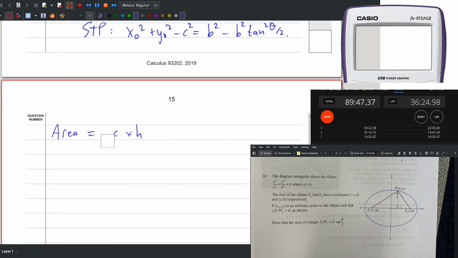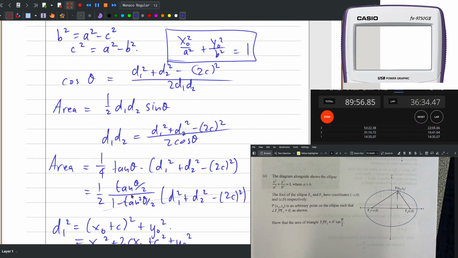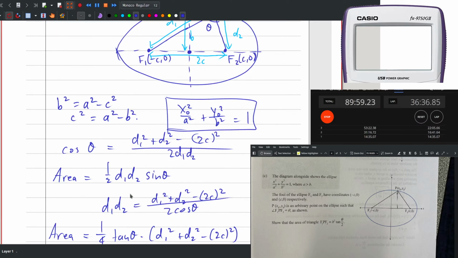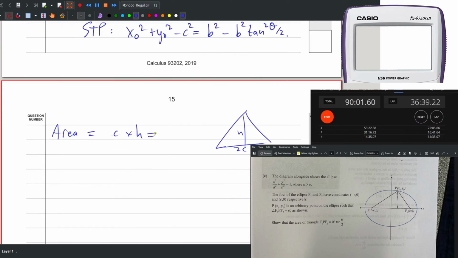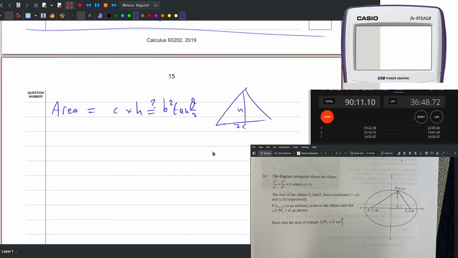No, it equals c times the height. Right, and that is supposedly equal to b squared tan theta on 2. Like, I don't know, man. But wait, the height is just y naught, right? So c y naught is supposedly equal to b squared tan theta on 2.